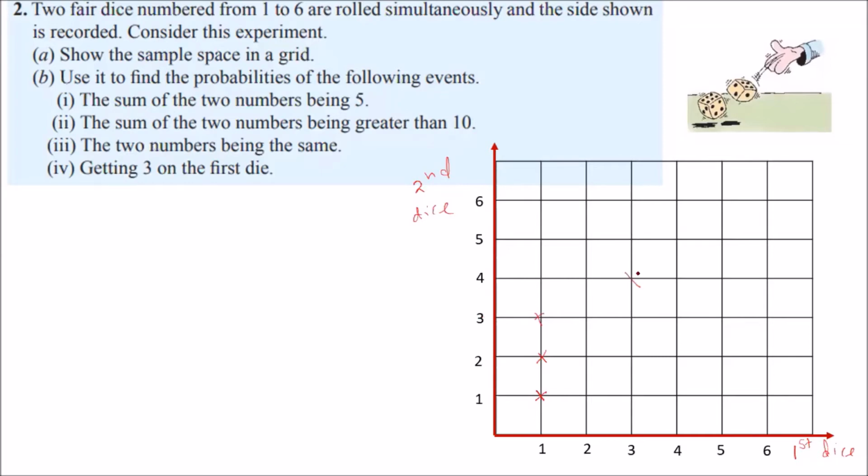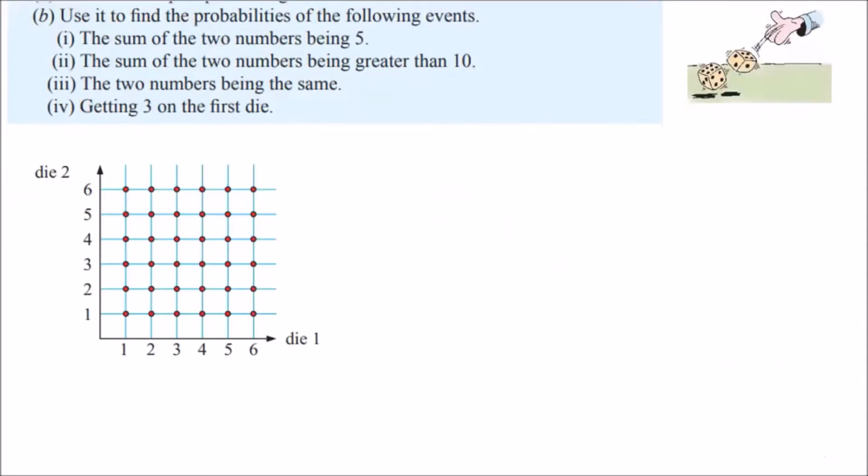So what is this outcome? From this point it represents getting 3 from the first die, 4 from the second die. Okay, now here we mark all the outcomes. Okay, try to find the answers for these 4 questions.